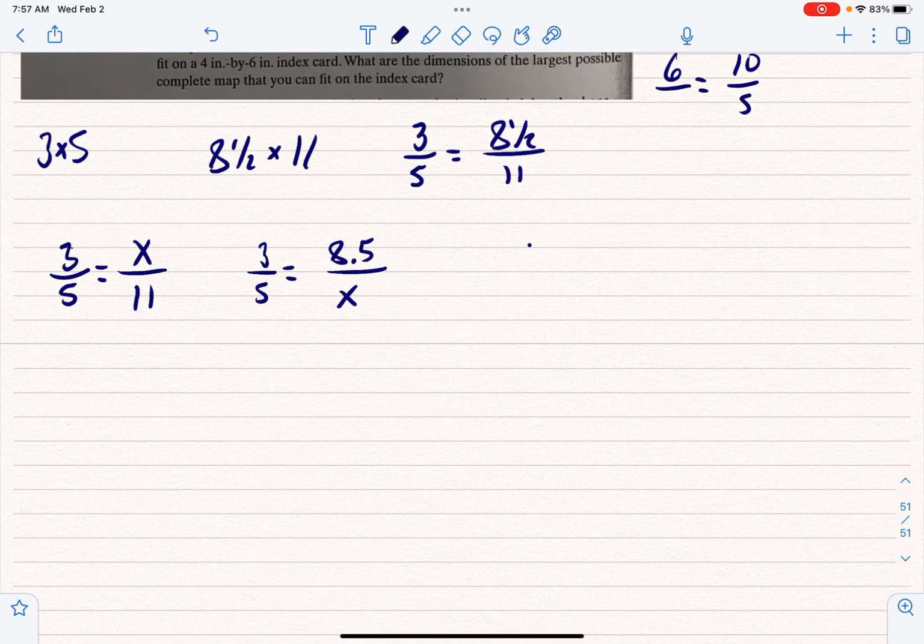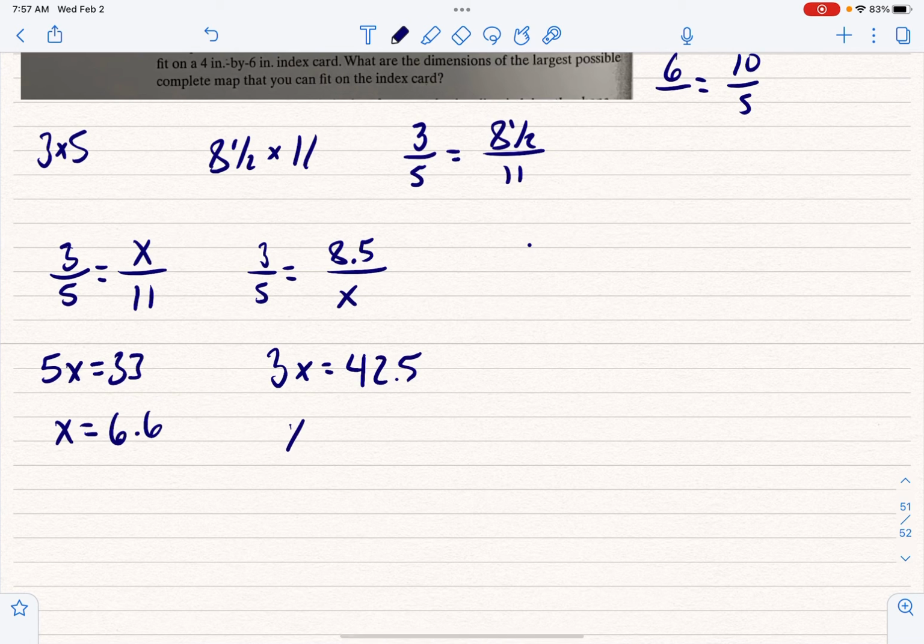So this first one would give me 5x is equal to 33, so therefore x is equal to 6.6. This next one, I would say 3x is equal to 42.5, so therefore x is equal to 42.5 divided by 3. That's like 14 and a sixth.